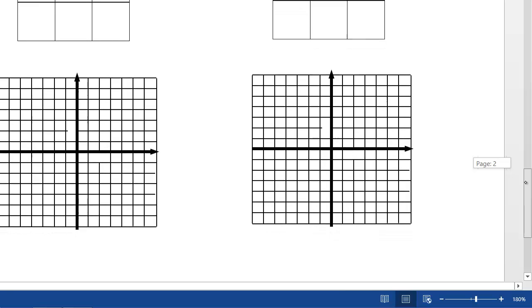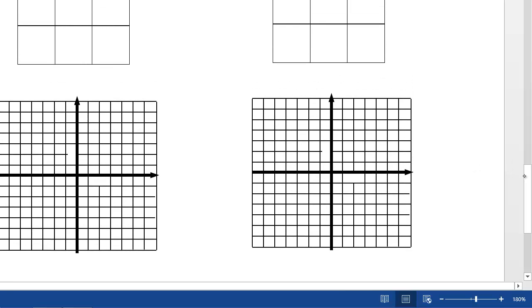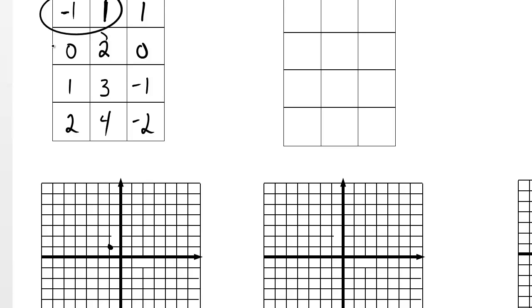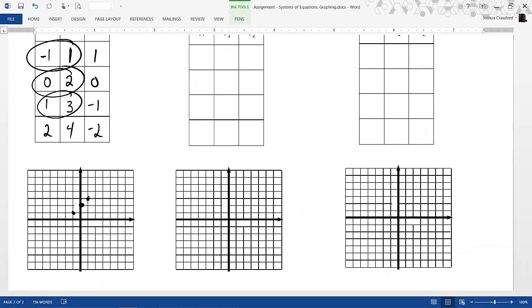We're going to go ahead and graph that table. So graphing that table, first graph your first coordinate pair of negative 1, 1. So negative 1, 1. Then graph 0, 2. And then 1, 3. And then 2, 4. So there's one line.